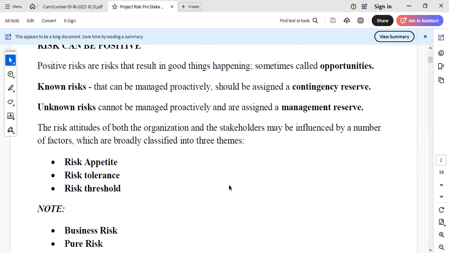The risk appetite is their willingness to accept risk. We'll talk about tolerance. Would they even allow it? How far would they go?